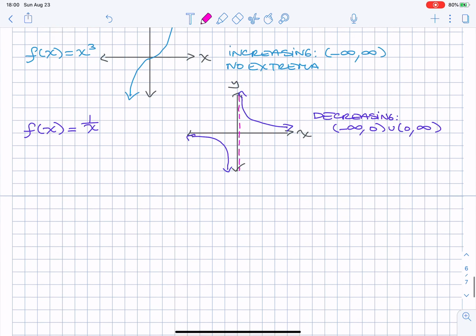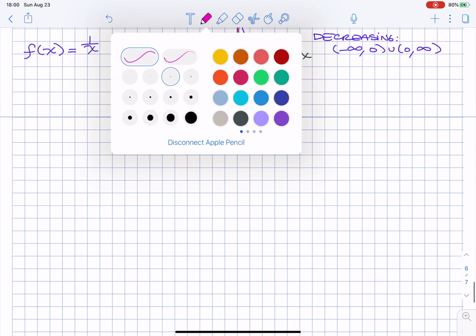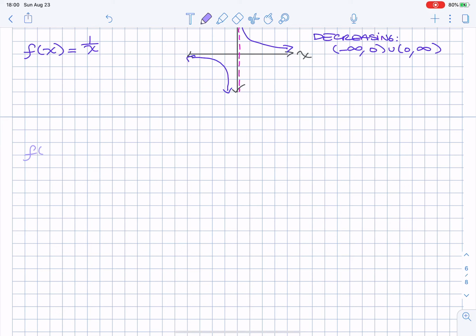Okay, the last one I'd like to do, unfortunately, this will take me to the next page, but that's okay. Let's do f of x is equal to 1 over x squared, the reciprocal squared. And I'll show you how this differs from the one above. It differs in that this negative part flips and is now positive. Oh my goodness.